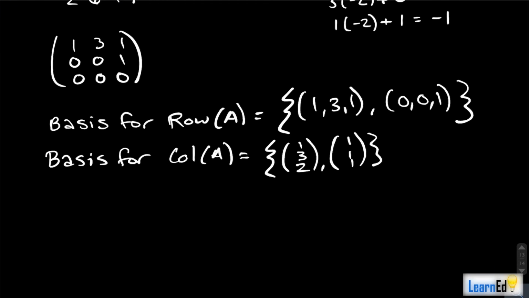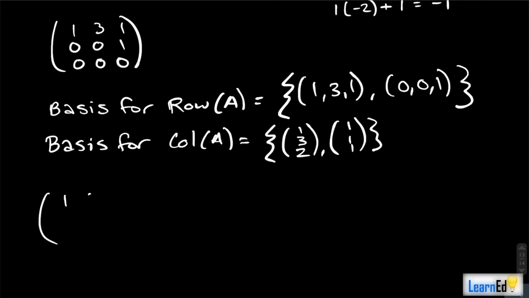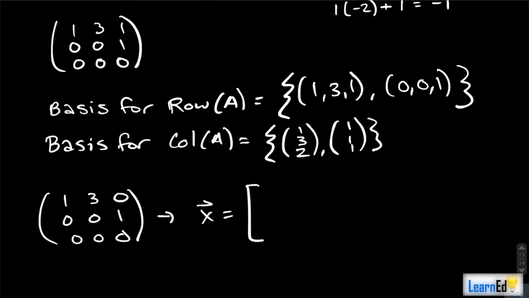Since we have this in row echelon form, all we have to do is get it into reduced row echelon form, so we can zero this entry out without any effects. Now your vector x, if we call the entries x1, x2, and x3, has x1 equal to -3 x2.